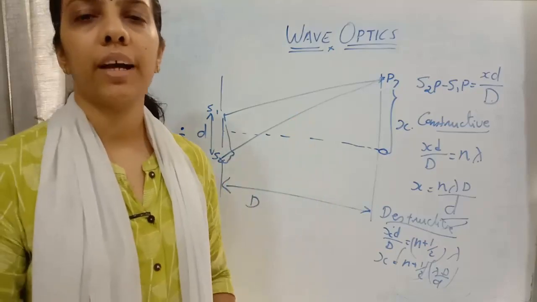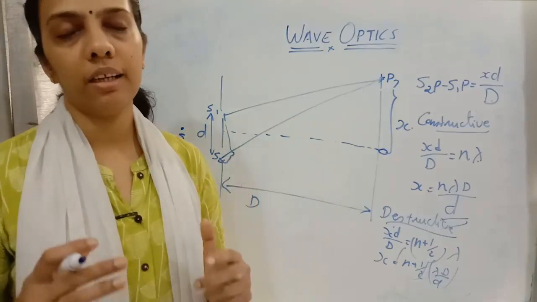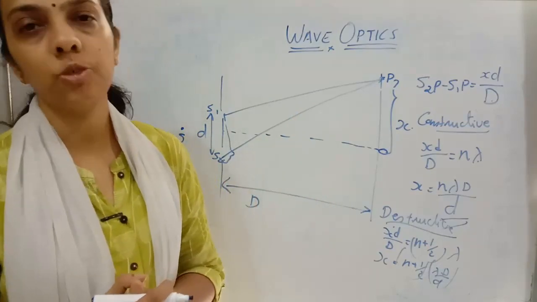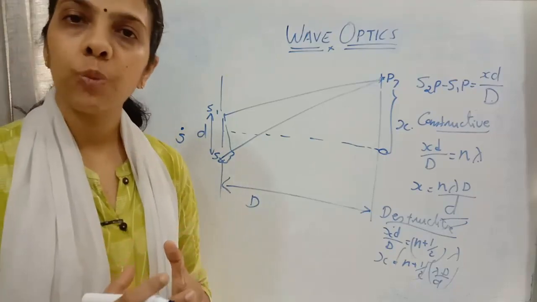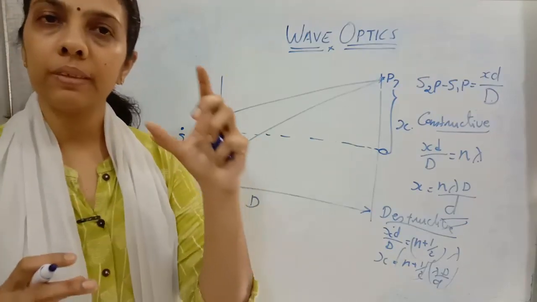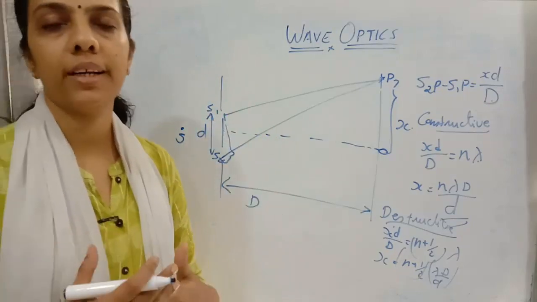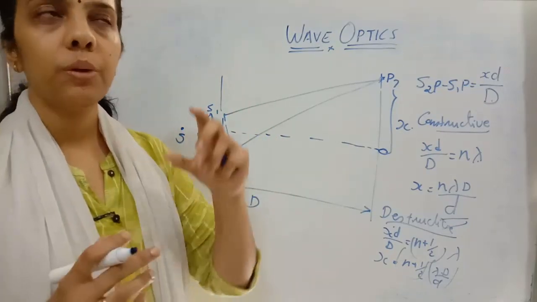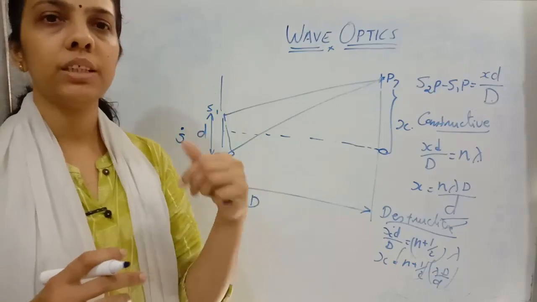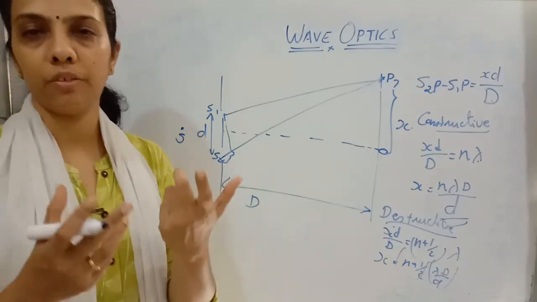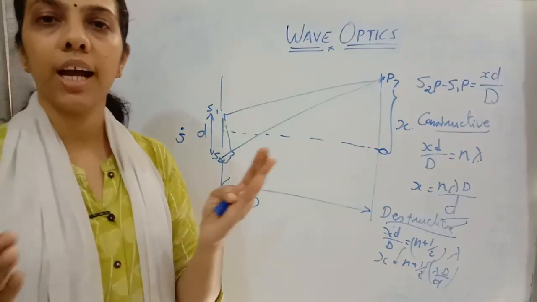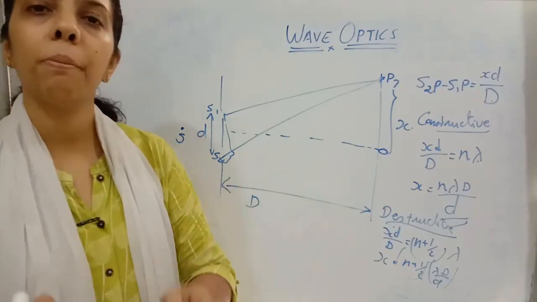Next we are going to find the fringe width. What is meant by fringe width? The distance between two consecutive bright fringes or dark fringes is called the fringe width. For example, the fourth and fifth bright fringe, or the third and second bright fringe, what will be the difference?